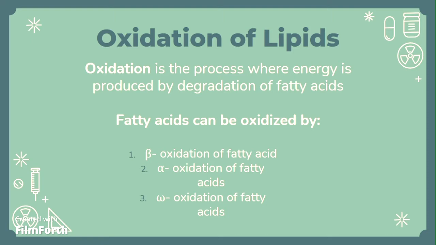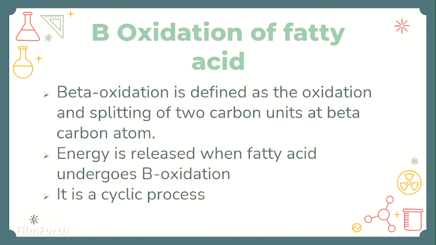Fatty acids can be oxidized by beta oxidation, alpha oxidation, and omega oxidation. These three fatty acid oxidations are only minor oxidation. So the first one is the beta oxidation of fatty acid.